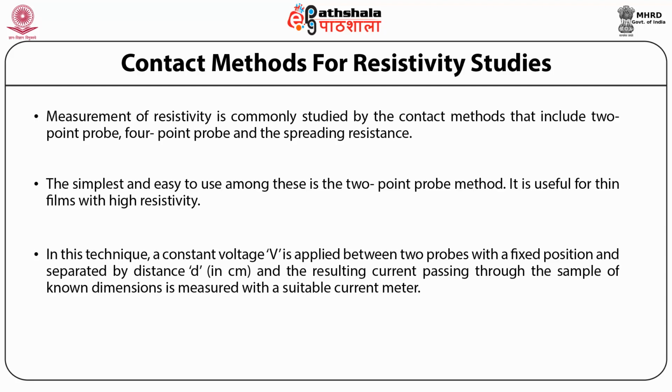In this technique, a constant voltage V is applied between two probes with a fixed position and separated by a distance d in centimeter, and the resulting current passing through the sample of known dimensions is measured with a suitable current meter.